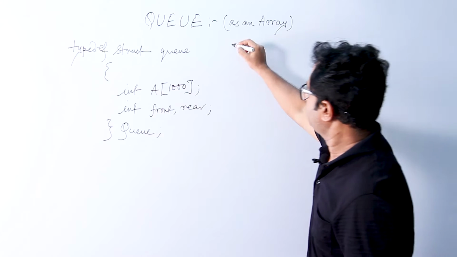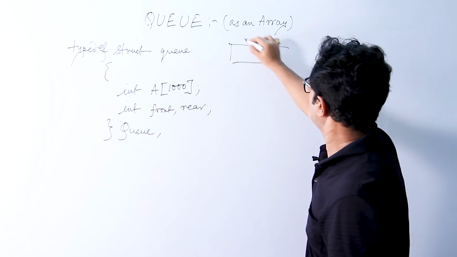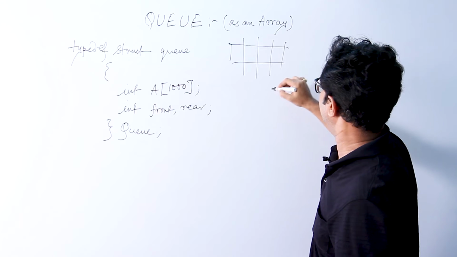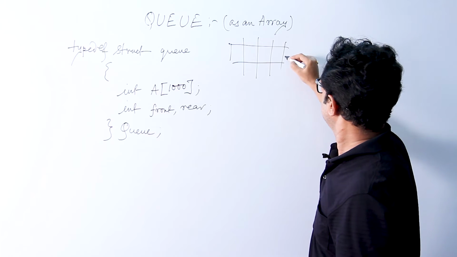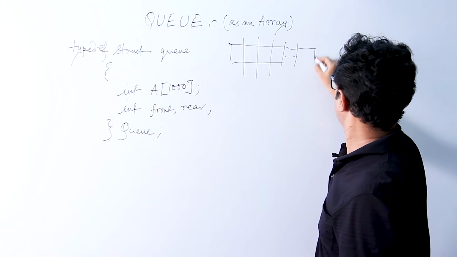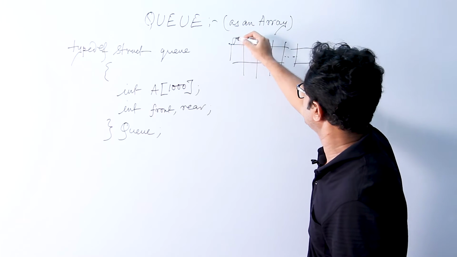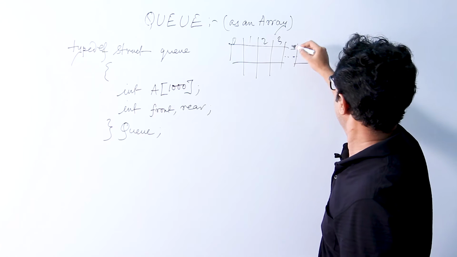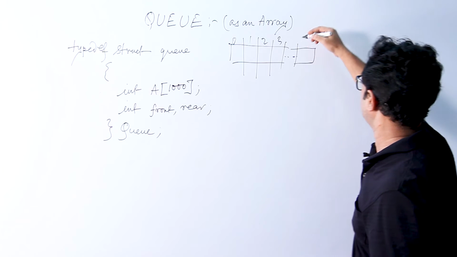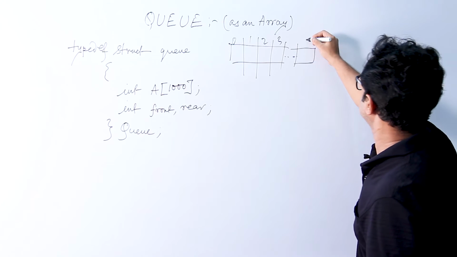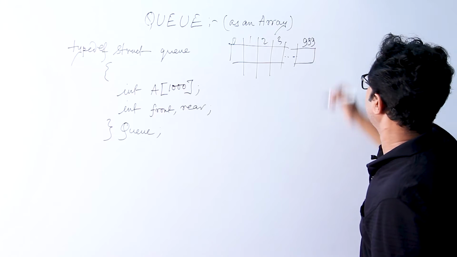So if we imagine a queue to be like this, ending in this position, suppose this is a 1000 element array, 0, 1, 2, 3, there are several other positions in between which I have skipped, and this is the 999 position.